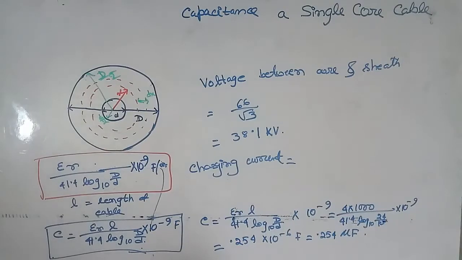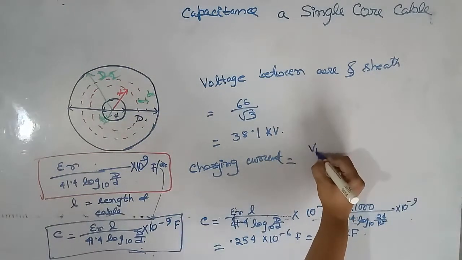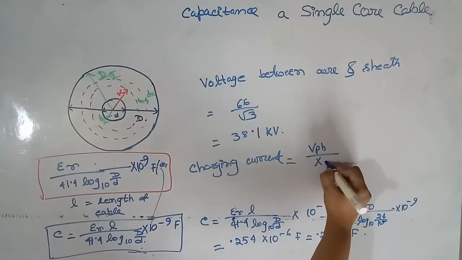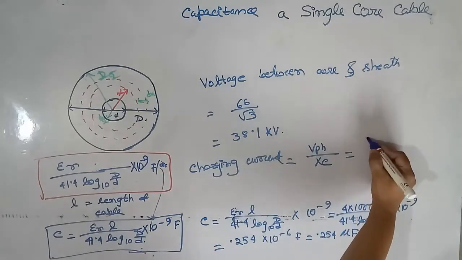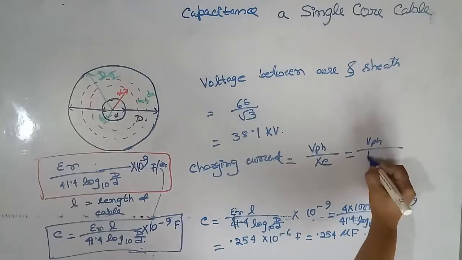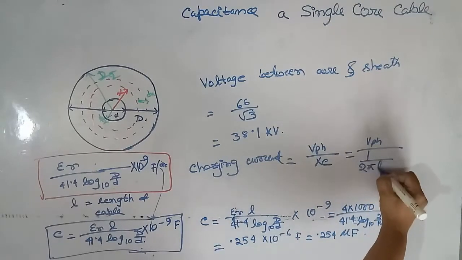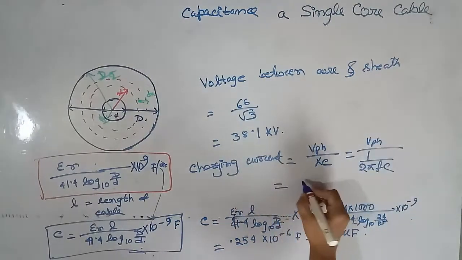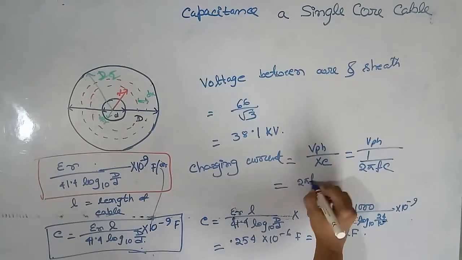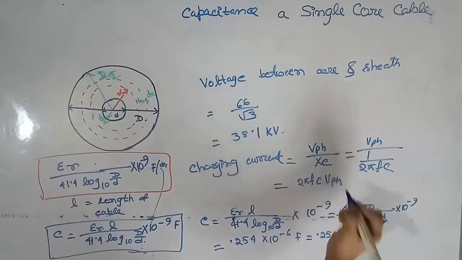Now what is the formula of charging current? Charging current is equal to V phase by XC. What is XC? XC is 1 by 2 pi FC. So this is equal to 2 pi FC into V phase.